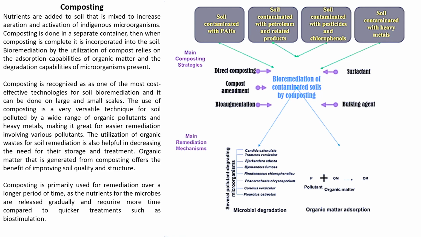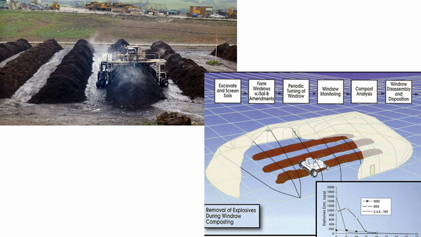It is very similar to biopiling also. It is increasing aeration by mixing soil and activating the indigenous microorganisms. Only the setup is different. So what is the setup and how are tons and tons of soil composted? You see in the next slide.